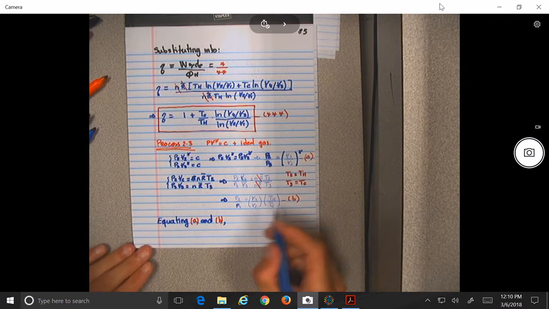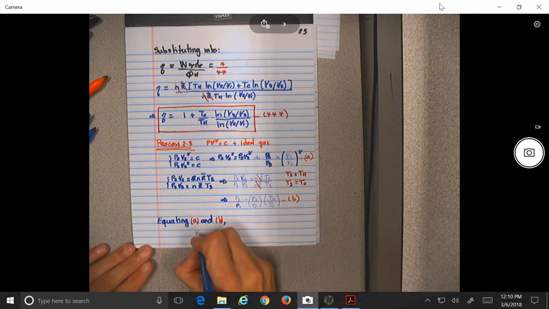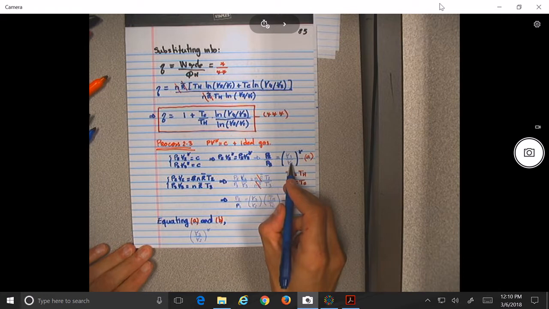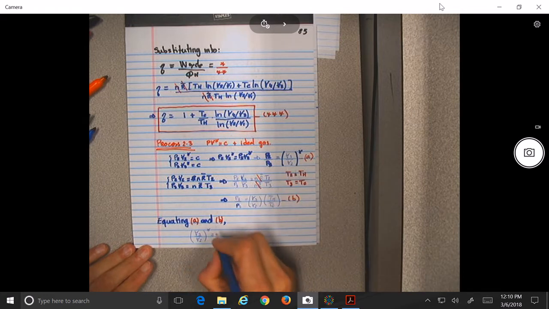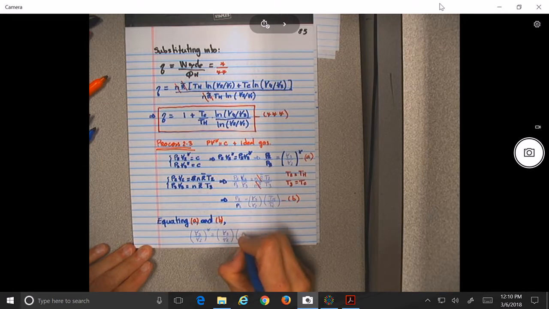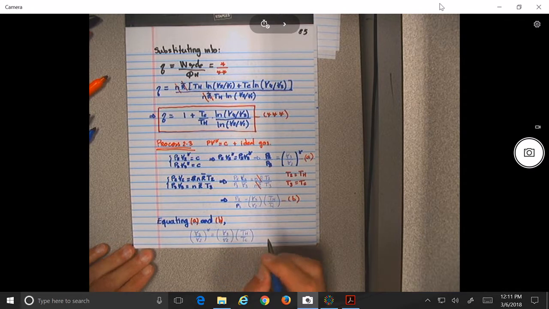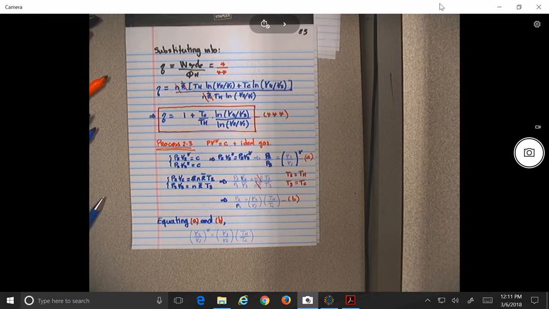So I could rewrite: V3 over V2 to the gamma will be equal to V3 over V2 times T hot over T cold.